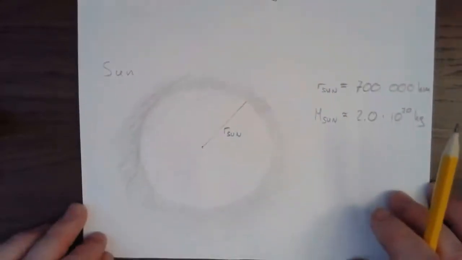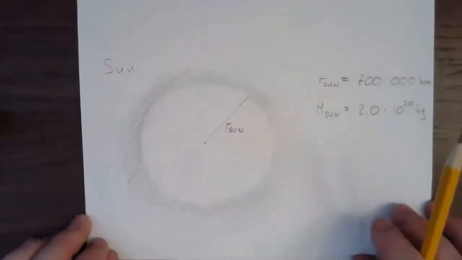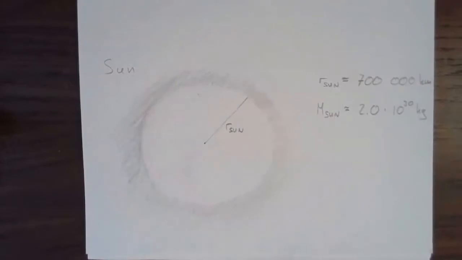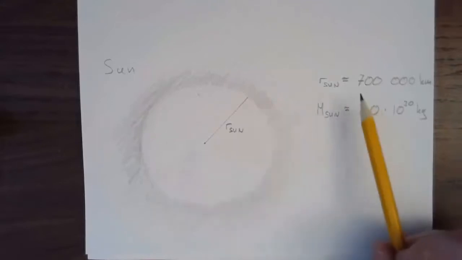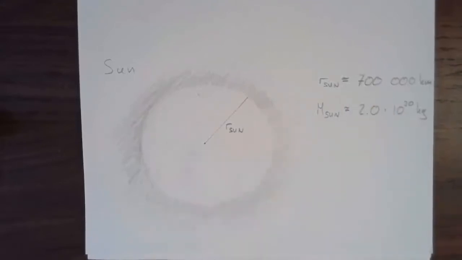Okay, let's do one more example. Down here I prepared it first. Here's the sun. Try to draw the sun in pencil, which is actually pretty hard because it's a glowing ball of fire. So I decided I'm just going to draw space around it, and this white ball is the glowing ball of fire that we call the sun. The sun has a radius of about 700,000 kilometers, which is a little bit more than 100 times the radius of the Earth.